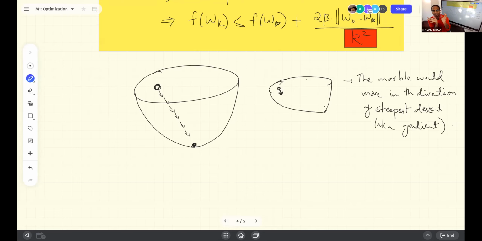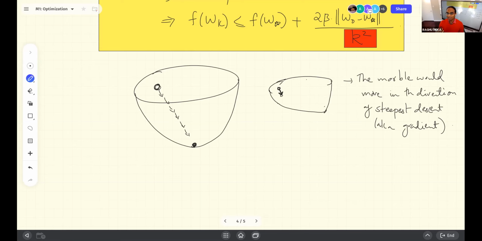But the bowl is kind of curving all over, right? So what would happen as it keeps going? Like here, in which direction would it start moving? Which direction is the force pointing towards? So the force is basically acting along the direction of the steepest descent, which is gradient, right?